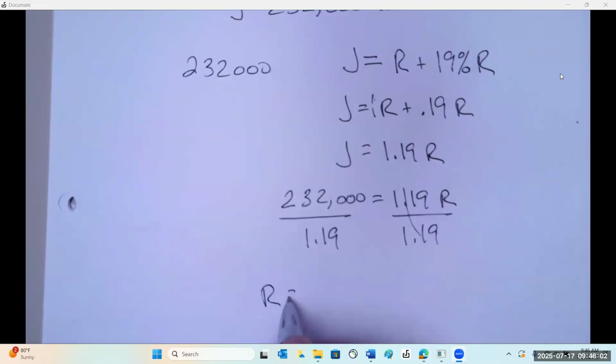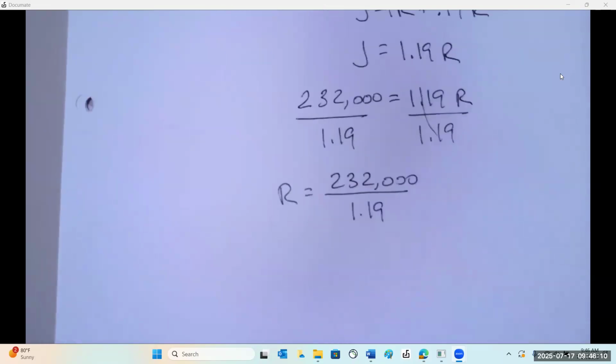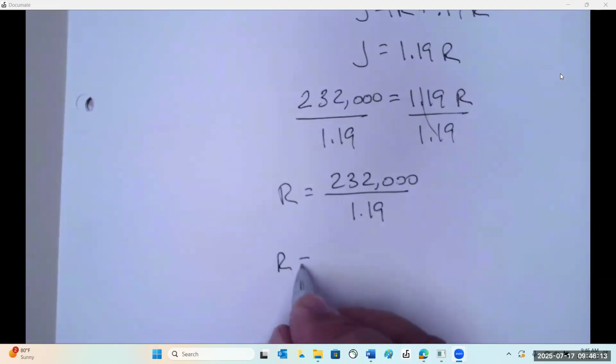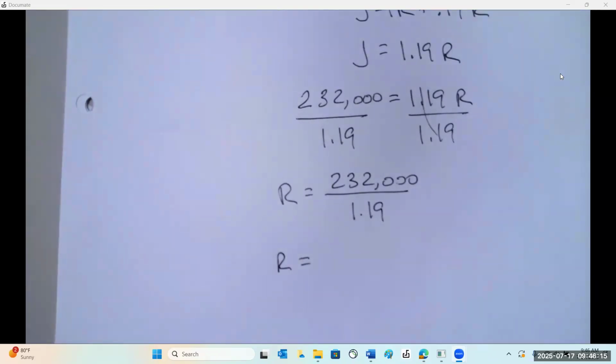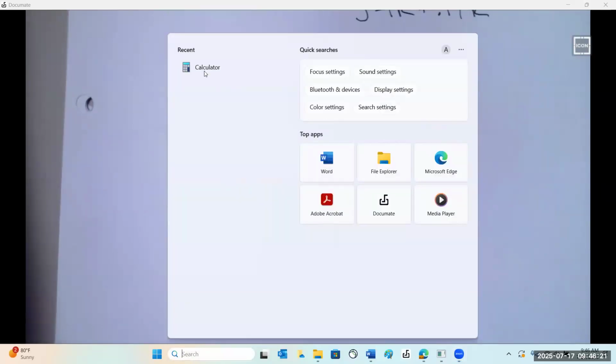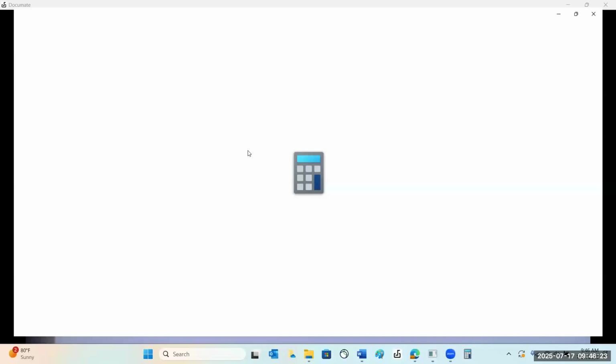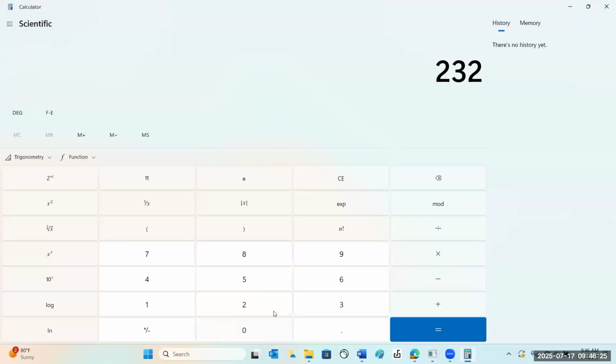So the number of words in the Russian language is determined by that formula. 232,000 divided by 1.19.